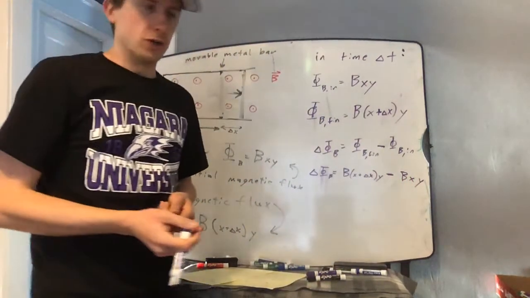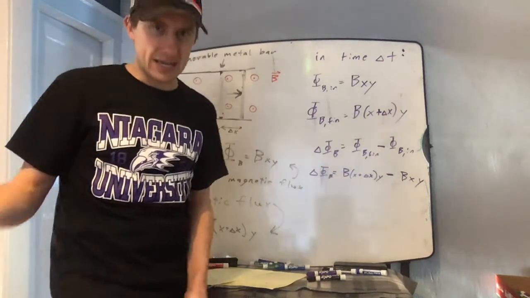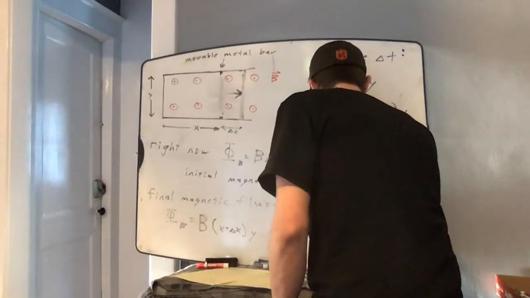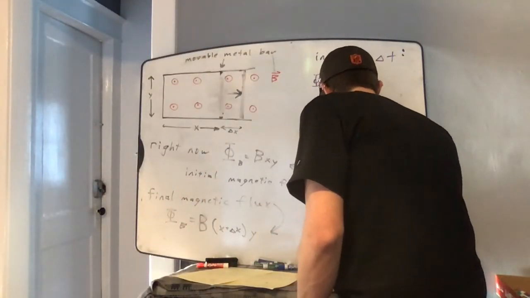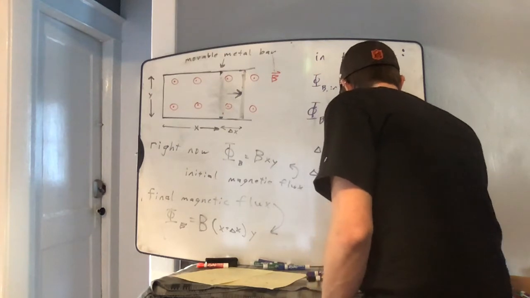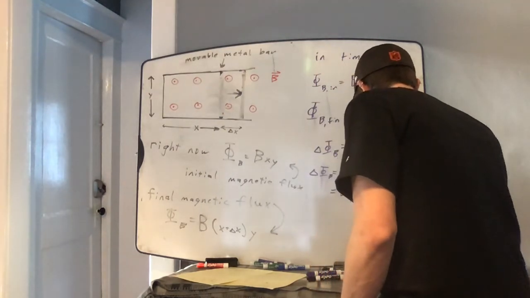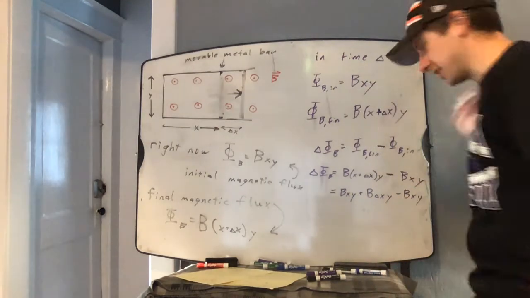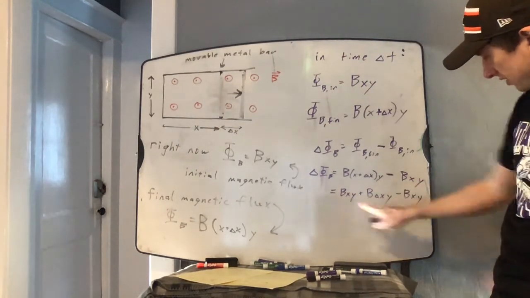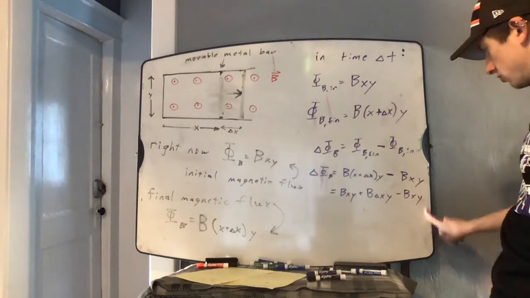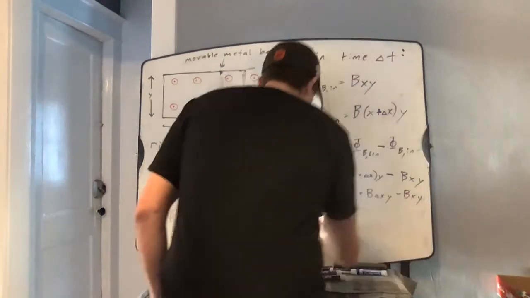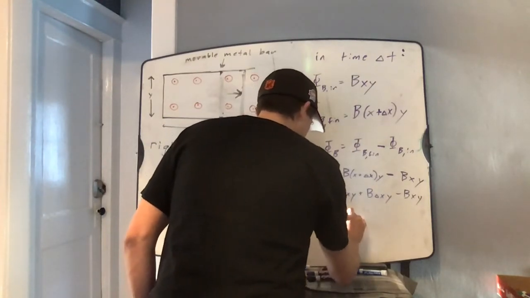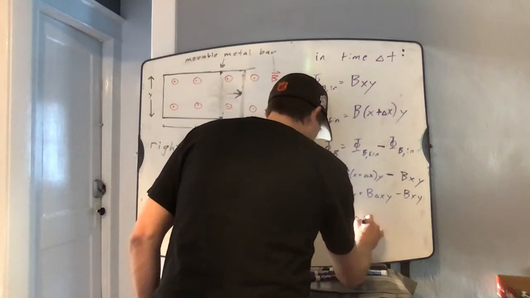And now I will just get rid of this parenthesis by factoring in the B and the y there. So I get the change in magnetic flux is going to be Bxy plus B delta x y minus Bxy from this last term here. And I notice Bxy minus Bxy, these two terms end up canceling each other. So I found that the change in magnetic flux is B times delta x times y.